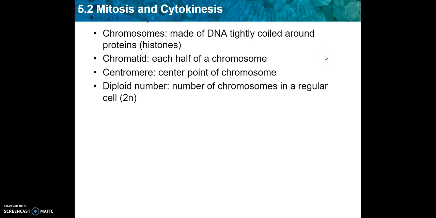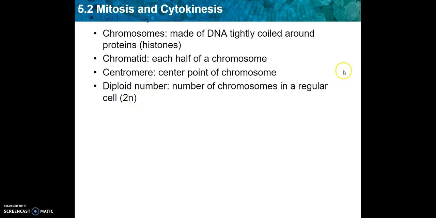And then we're going to start talking a little bit more about genetics. When we do that, we have to understand there is a diploid number for every species and a haploid number for every species. The diploid number, prefix di meaning 2, is just the number of chromosomes in a regular cell, that 2n number.